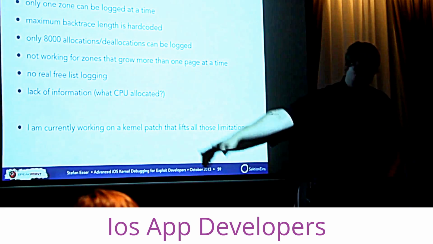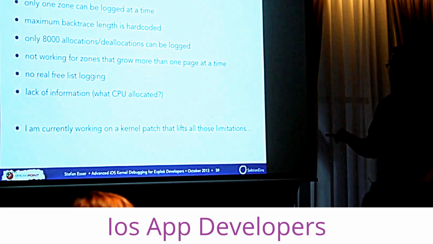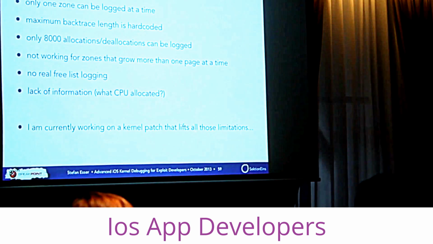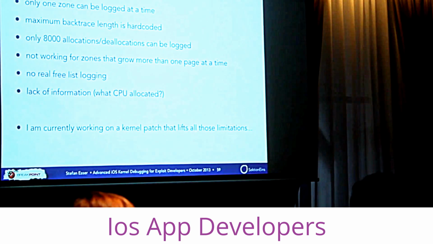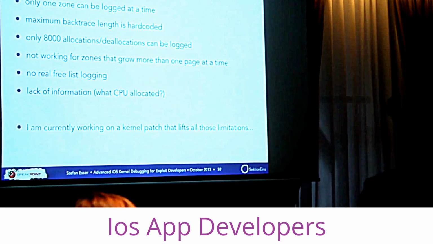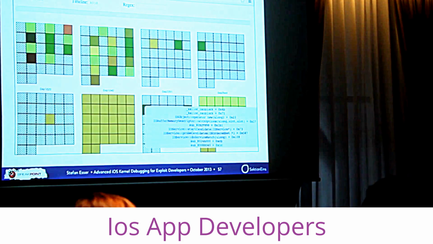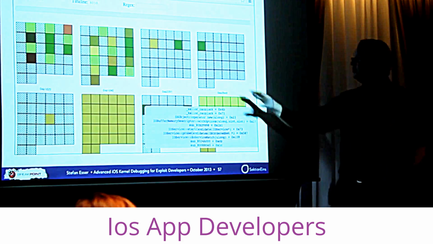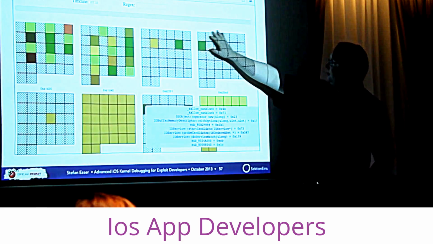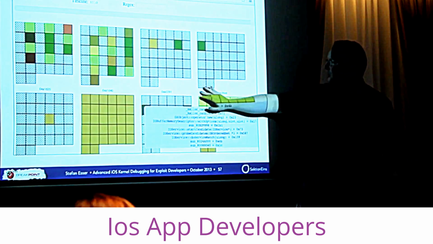There are some zones that grow every time they run out of space. They grow not by one page at a time, but by multiple pages at a time. These are not a problem for the logging, but these zones are a problem for the visualization tool as it is right now. Because as you can see here, this visualization tool actually needs to know that this all belongs to the same page.